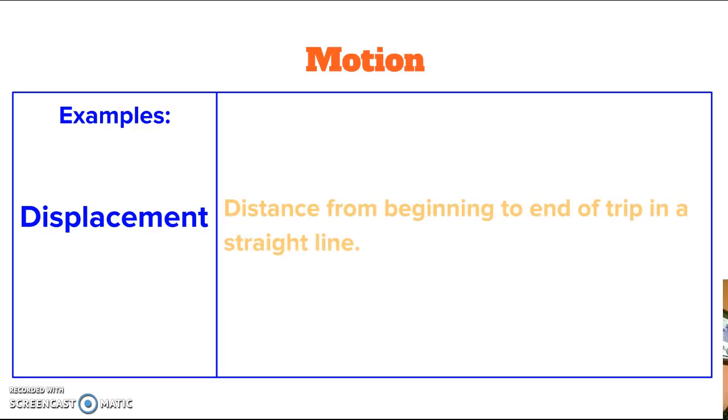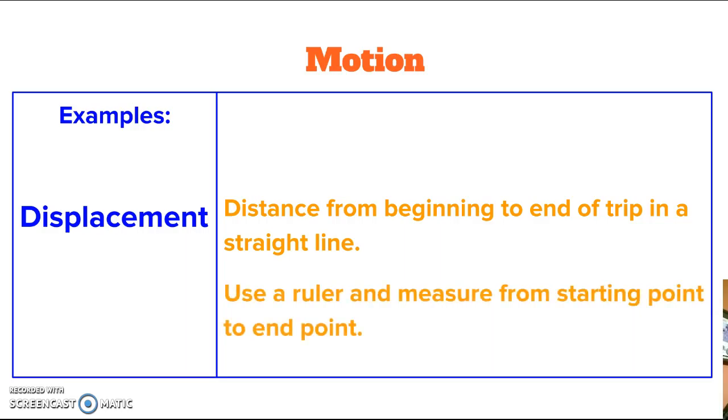This means the distance from the beginning to the end of your trip in a straight line. If your trip began and ended at the same place, then your displacement would be 0. To solve for the displacement in our questions, we're going to be drawing a line from our starting point to our ending point and then measuring that line, and that will be the displacement from the start to the end.